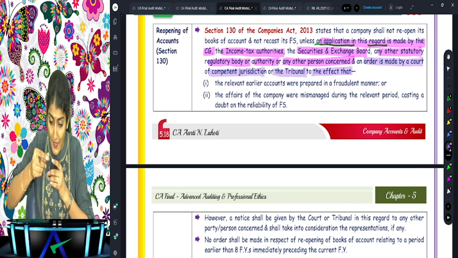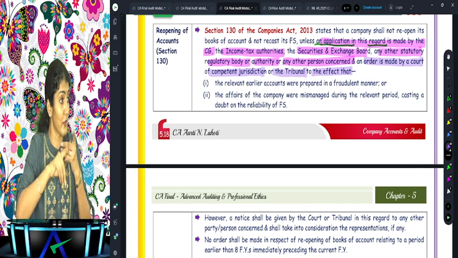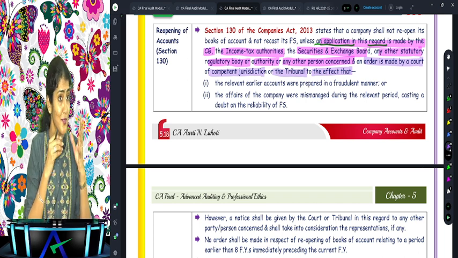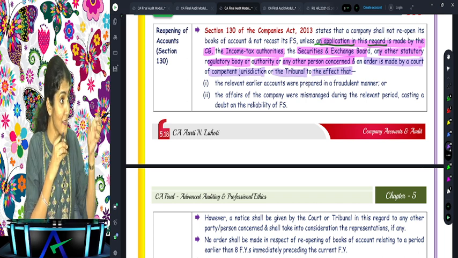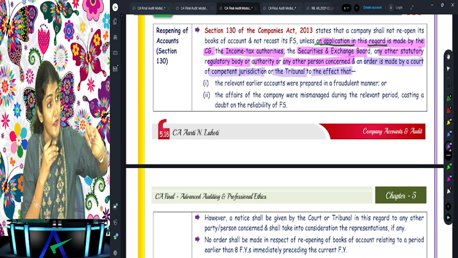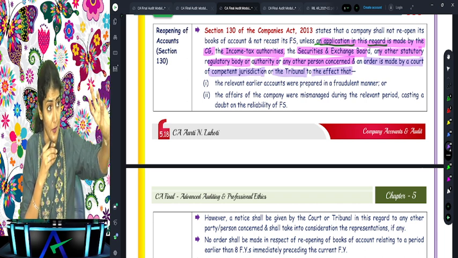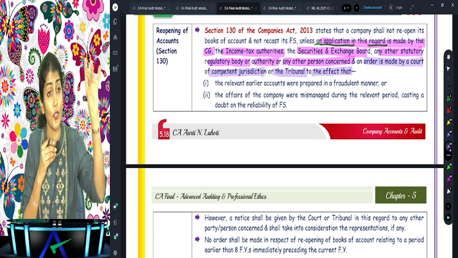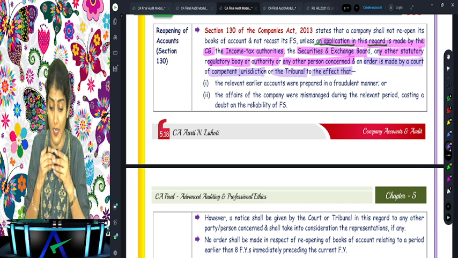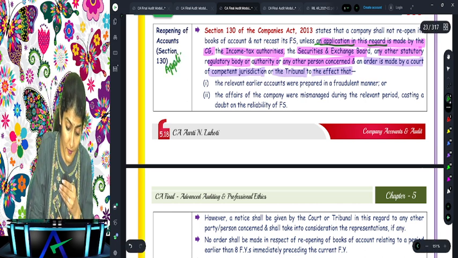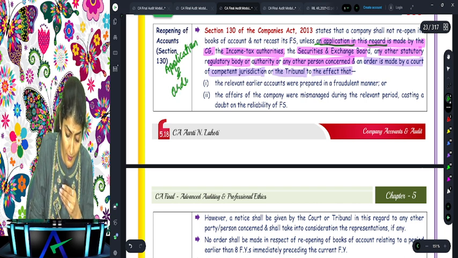So these two parts have to come together for reopening of the accounts. What is required is application and order.